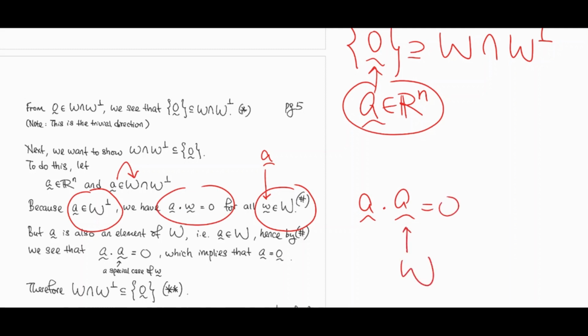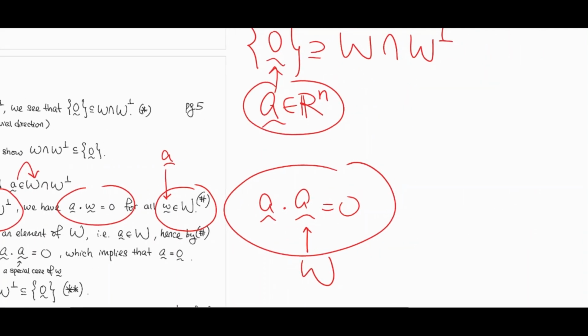Now, A dot A equal to 0 means what? One of the properties of the dot product, if you remember from the video on dot product, is that A dot A is always non-negative, and if A dot A equals 0, that means your vector A has no choice but to be equal to 0.